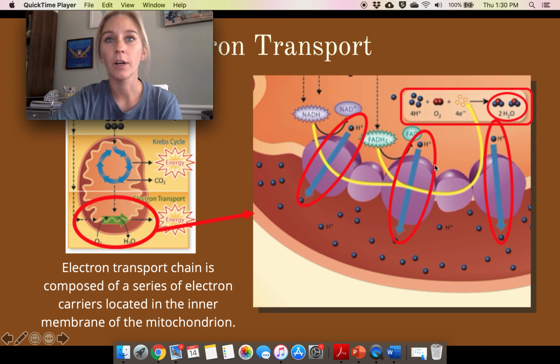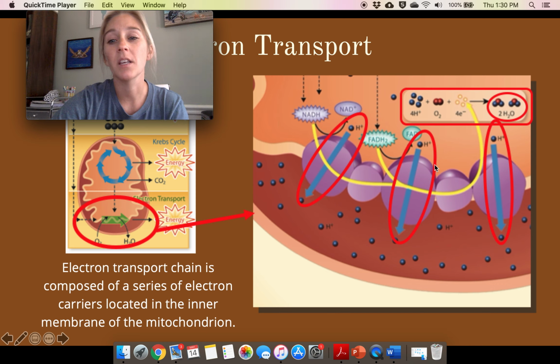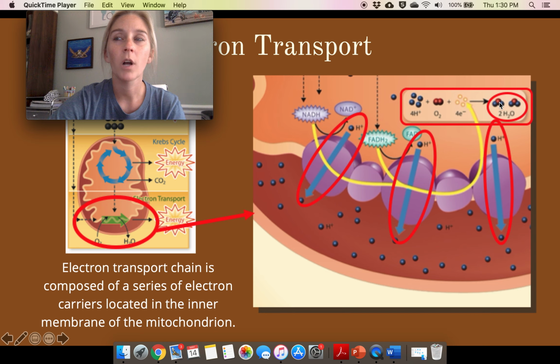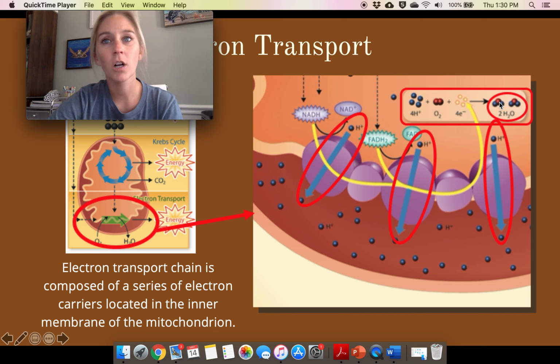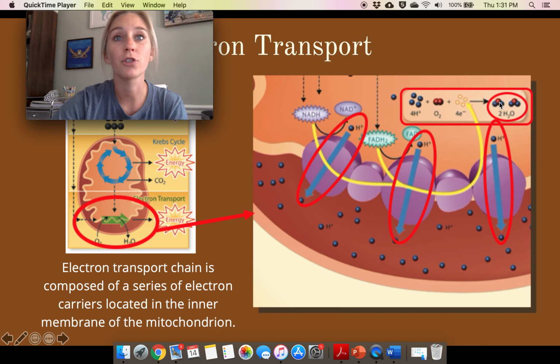From carrier to carrier. In this image, you see the process of the hydrogen atoms, the oxygen, and the electrons combining to produce 2 molecules of water. So water is formed when oxygen accepts the electrons in combination with the hydrogen. The electron carriers use the energy to transport the hydrogen ions across that inner membrane into the inner membrane space.